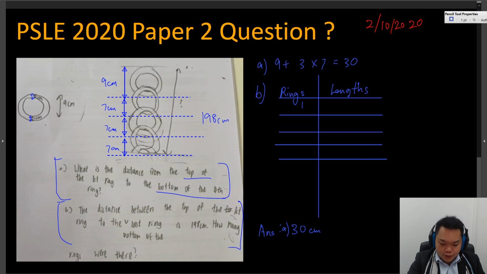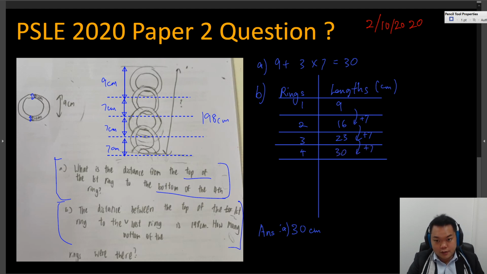Okay, for the first ring, the length is 9 cm. When you have two rings connected like this, there will be a +7 over here. When you have three rings over here, you will have a +7 over here to give you 23. Or when you have four rings, you plus another 7, you will have 30 over here.